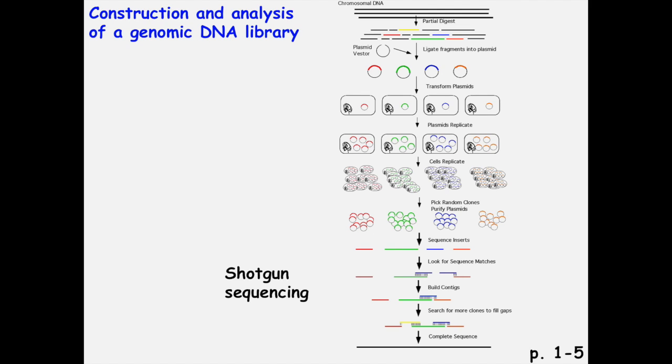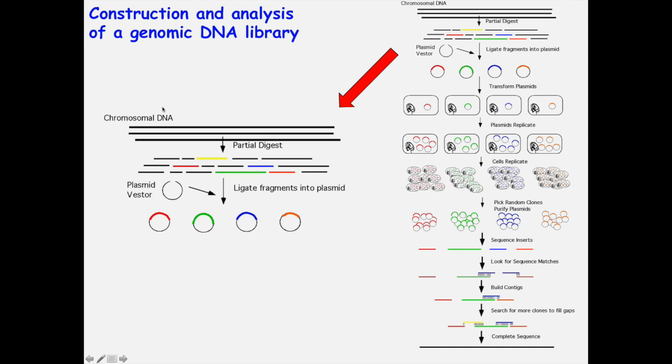So in the construction of a genomic DNA library, which is done when you're sequencing huge genomes, you can use a process called shotgun sequencing. There are other processes, but this is just one of them. And again, it's the same type of process where instead you're starting with a chromosomal piece of DNA. You're partially digesting it to fragments.